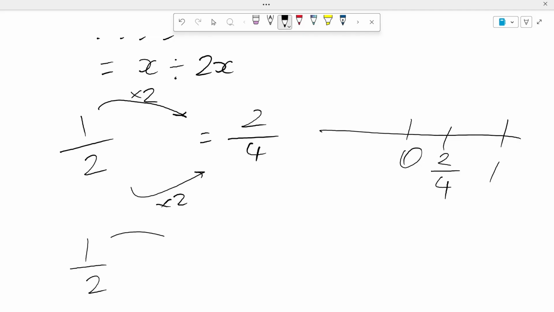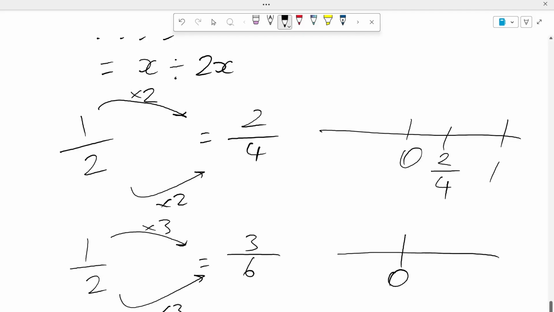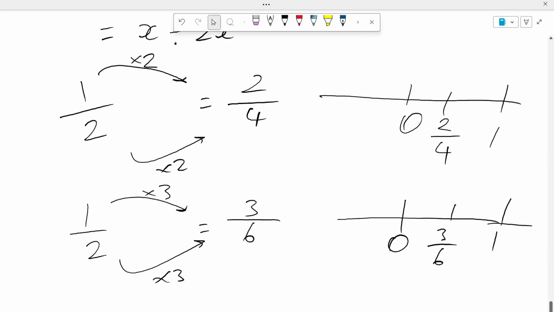And indeed, if I take my half and multiply top and bottom by 3, and get 3 over 6, that's another way of writing the number that is exactly halfway between 0 and 1. So just keep that golden rule of fractions in your mind. Whatever you do to the top, you do to the bottom. As long as you do that, they will be equivalent. So we're going to run through a couple of examples.